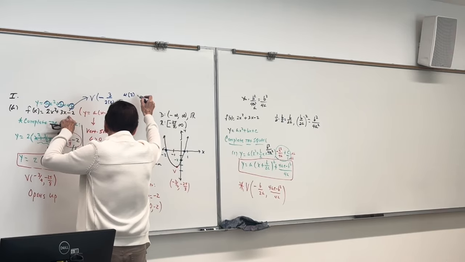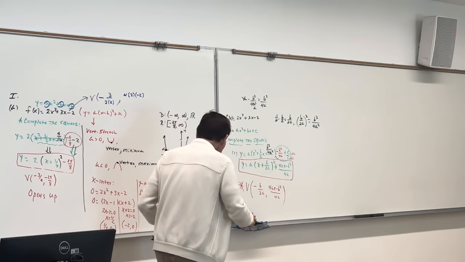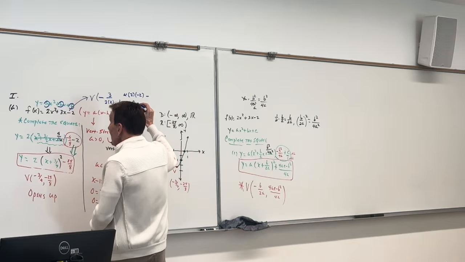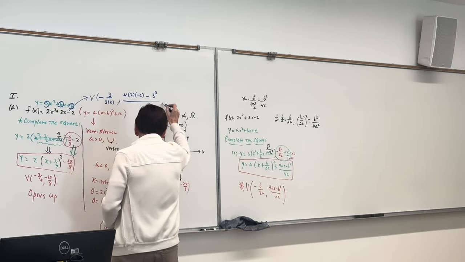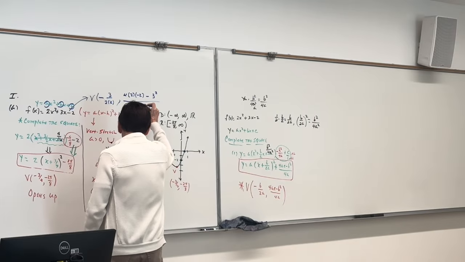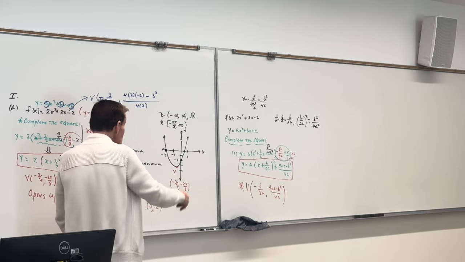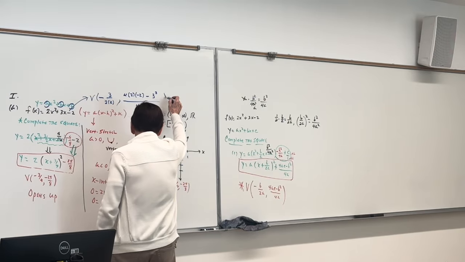C was negative 2. Got that. Subtract b squared, that's 3 squared, all over 4 times a, 4 times 2. That's what the formula says it should be. Close that up. Now let's check.